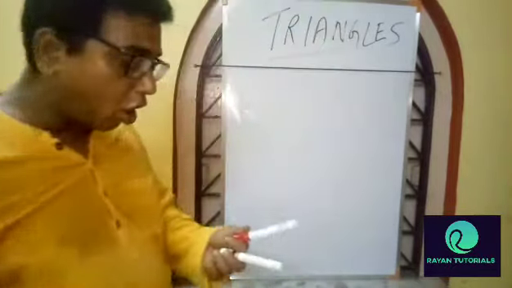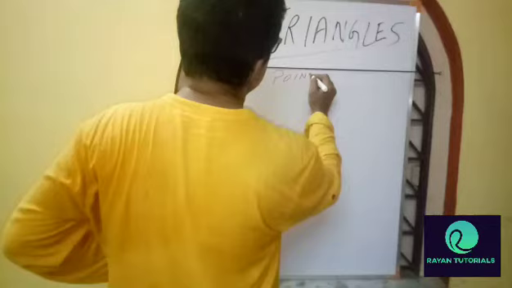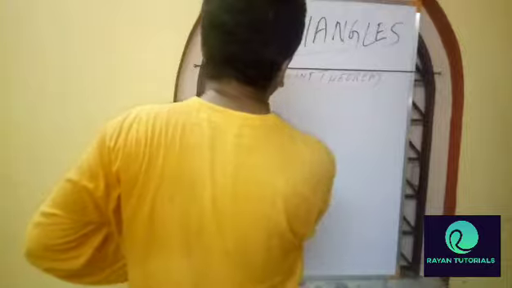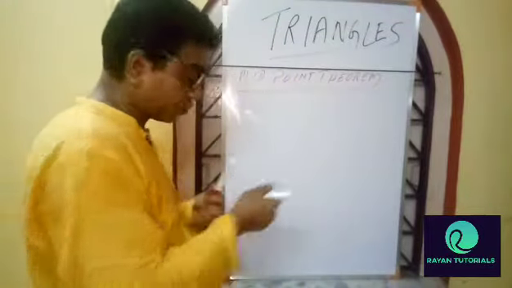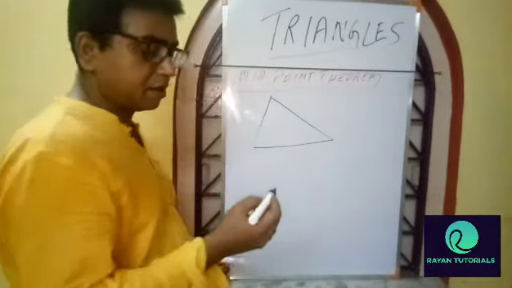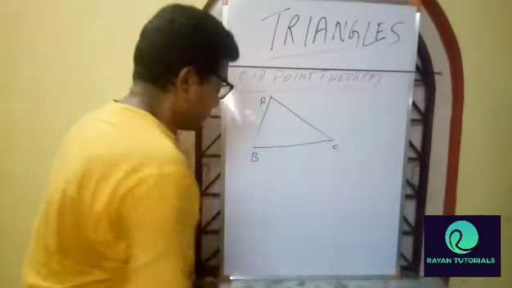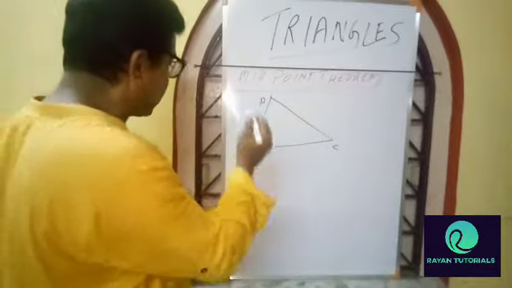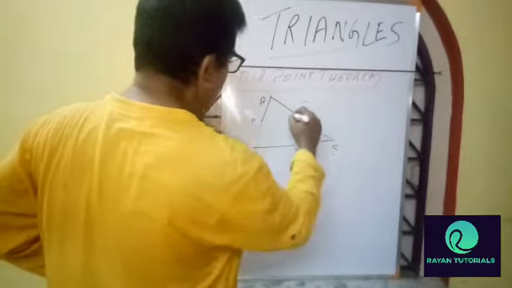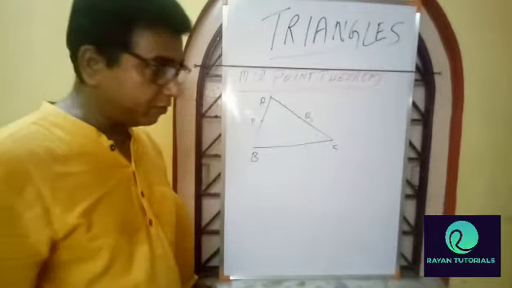And the last one is called the midpoint theorem. What is the midpoint theorem? Suppose there is a triangle ABC. Let us assume that P and Q are the midpoints of AB and AC respectively.